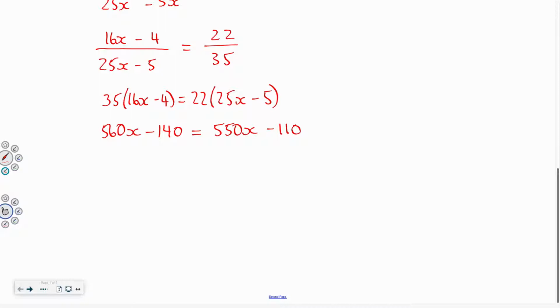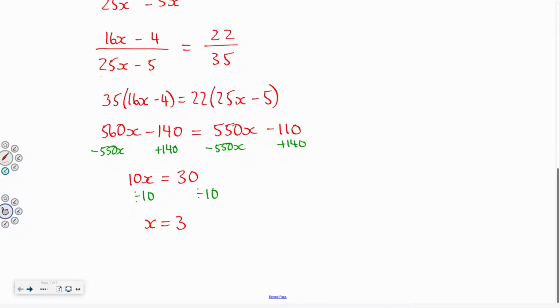So we're going to minus 550x from both sides. And at the same time, we're going to add 140 to both sides. So what we're going to get is 10x, and then minus 110 plus 140 gives us 30. And then if we divide both sides by 10, we get that x is equal to 3.